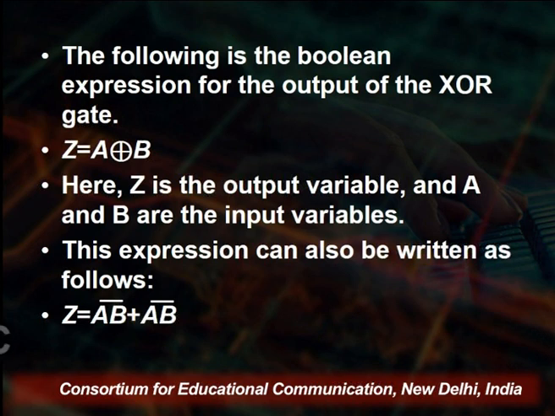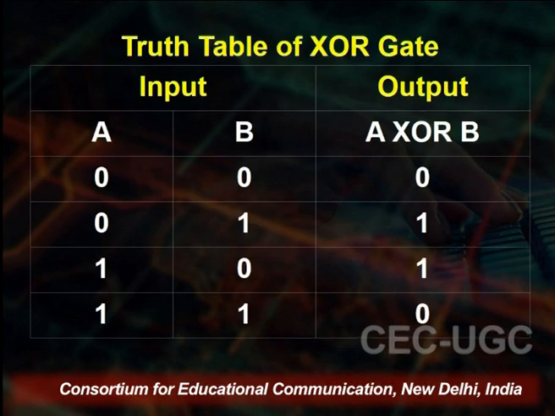This expression can also be written as Z is equal to A B bar plus A bar B, meaning one is inverted and the other is simple, then the other way around. So Z is equal to A bar B plus A B bar.